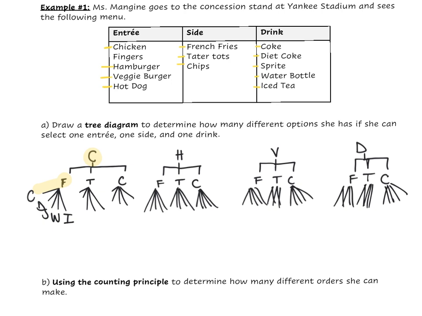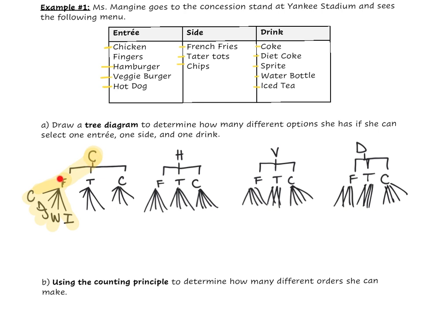So if I highlight in yellow, that is my first option: chicken fingers, French fries, and Coke. Then chicken fingers, French fries, and a Diet Coke. Chicken fingers, French fries, and a Sprite. Chicken fingers, French fries, and a water. Chicken fingers, French fries, and an iced tea. So with just chicken and French fries, I have 5 options, right?